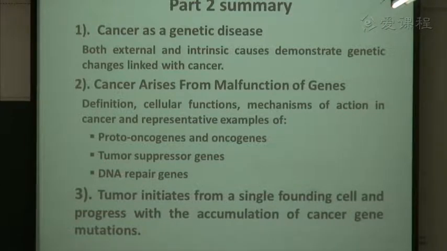And I gave you some very famous and representative examples of how these three categories of genes contribute to the initiation or progression of cancer. And in the end, I discussed with you how these cancer genes cooperate to initiate and progress to finally lead to cancer.